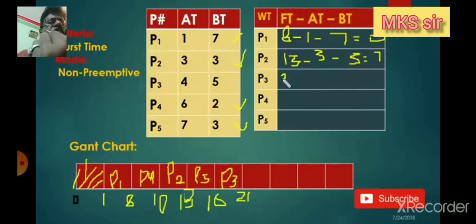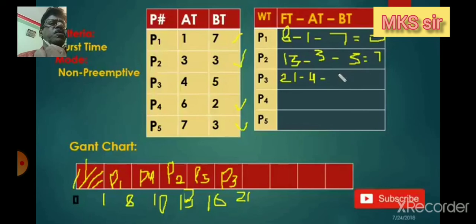Now consider P3. The finishing time of P3 from the Gantt chart is 21, the arrival time of P3 was 4 and the burst time for P3 is 5.